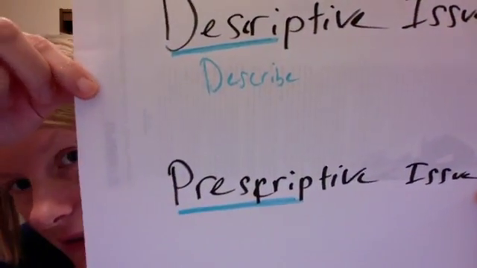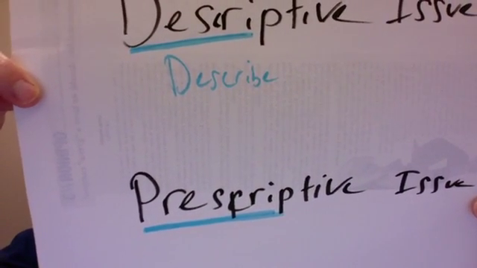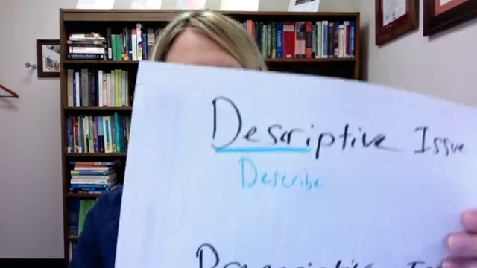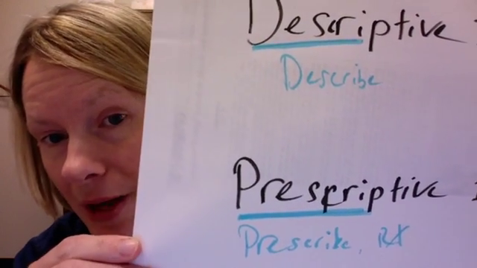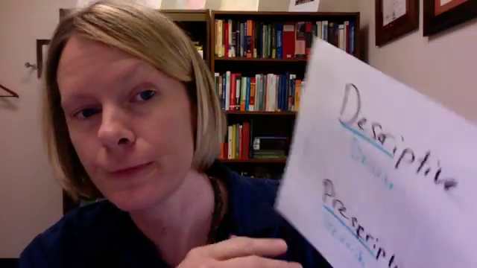We can do the same thing for prescriptive issue. Okay, so prescriptive. What words in English does that remind you of? You might think of words like prescribe, or RX is an abbreviation for prescription.